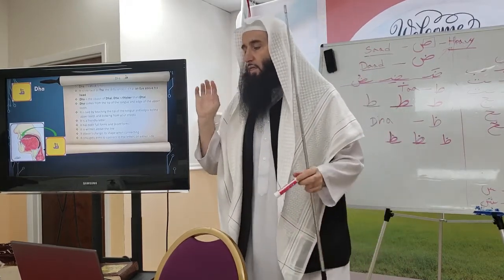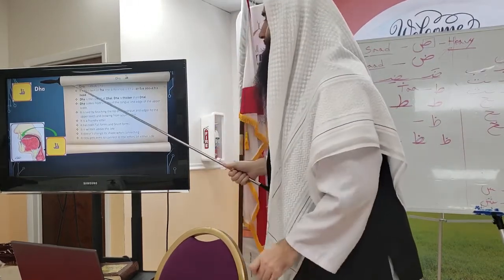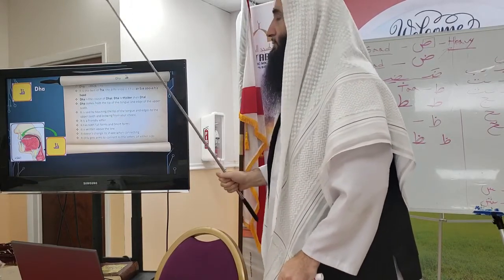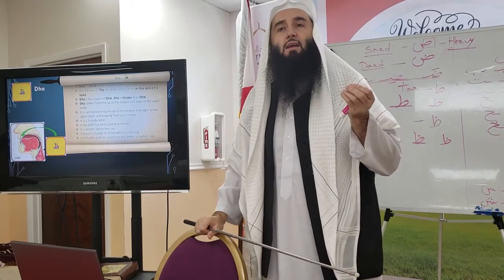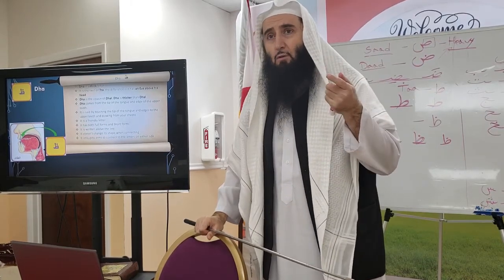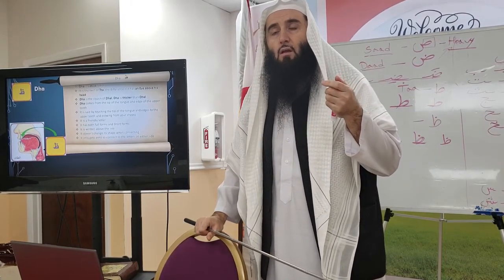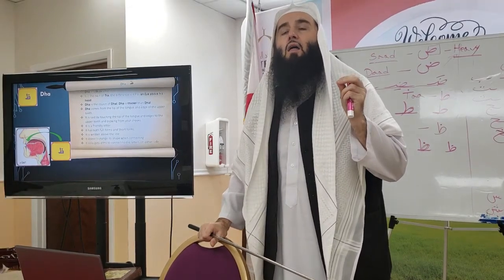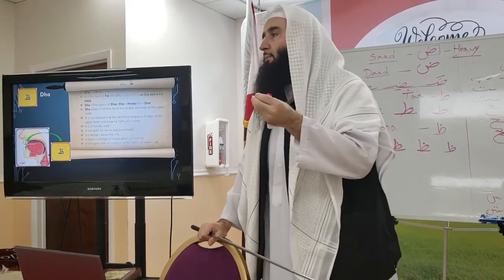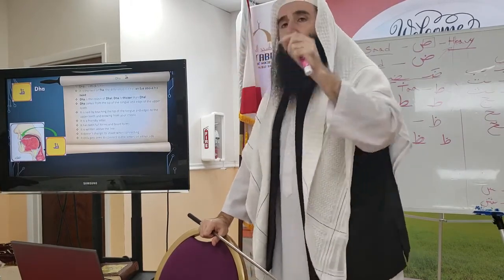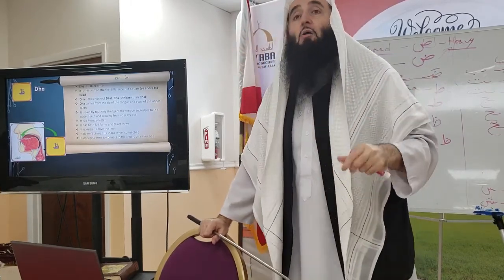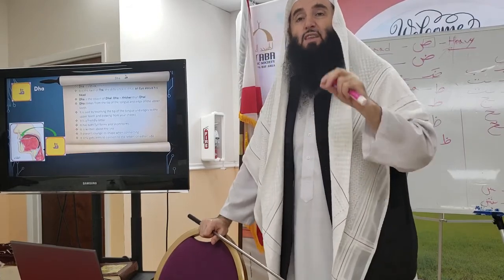So with the E sound, why is the E? You see with the E sound? No. Da is the name. If I put fatha on top, it doesn't change. If I put kasra, it becomes di, right? With the kasra.